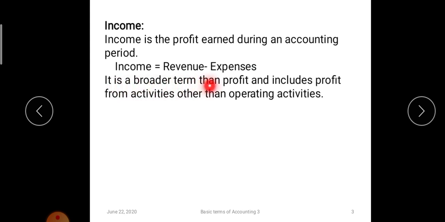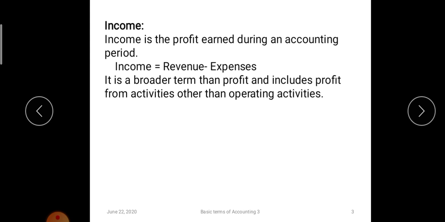Income is a broader term than profit and it includes amount received or the profit earned from activities other than operating activities. Now, operating activities are those main revenue generating activities of the business, which are done on a more regular basis. Like Airtel is providing mobile services.